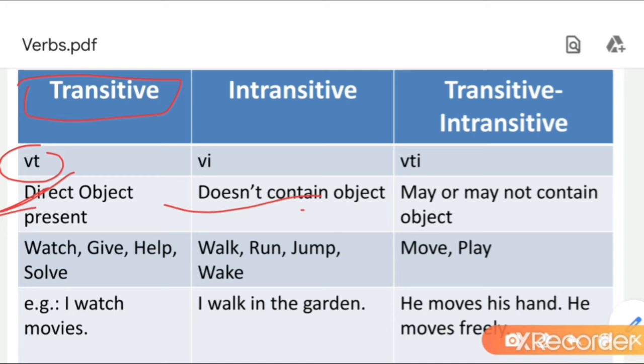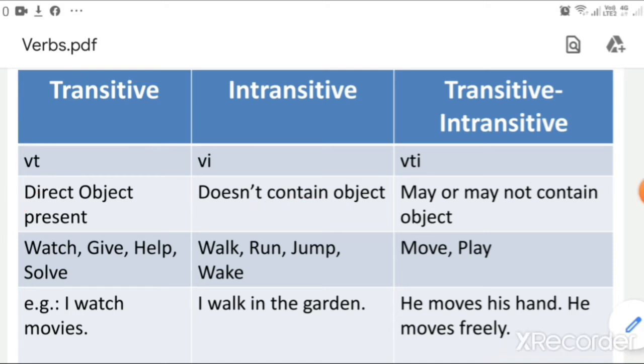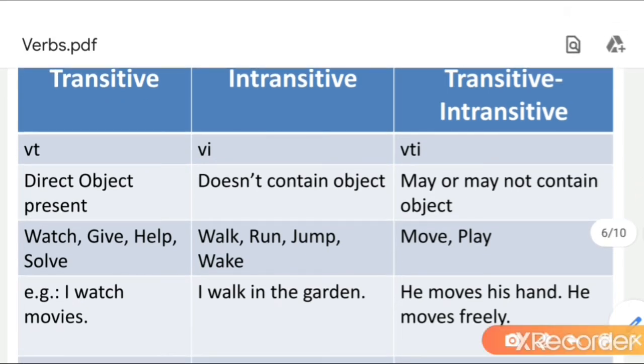That means when we ask questions to a verb, by what or whom, if we get an answer, then it's a direct object. On the other hand, intransitive verbs don't have a direct object. Examples are watch, give, help, solve, etc.